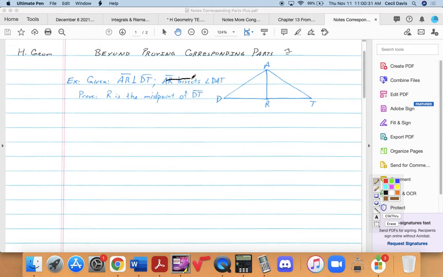I'm going to change this statement to simply DA is congruent to TA. Can we do a 2-column proof? Yeah, we can do a 2-column. And then the next one we'll do is a flowchart proof.